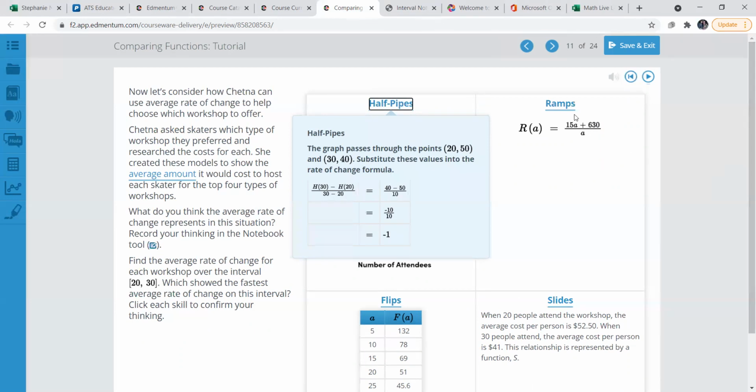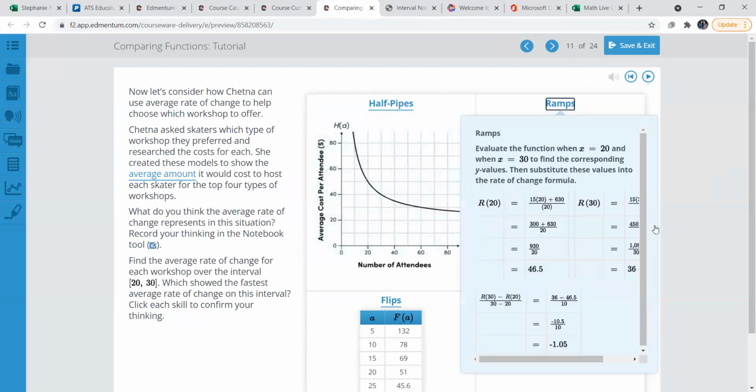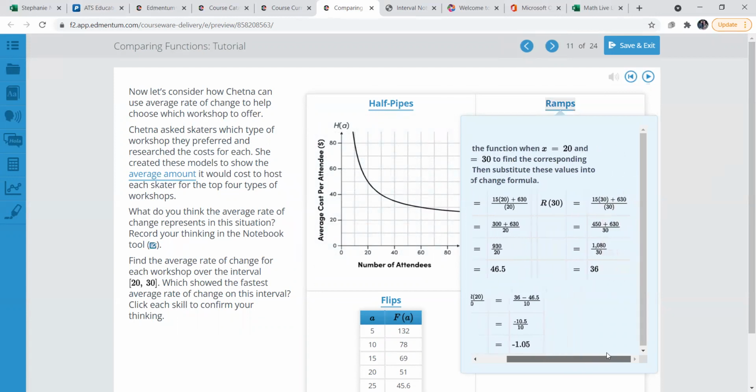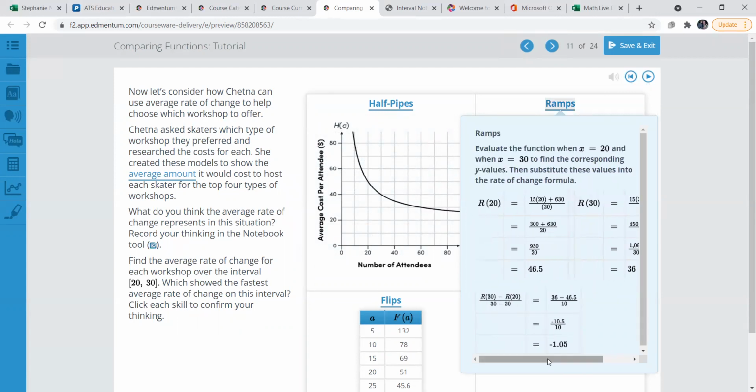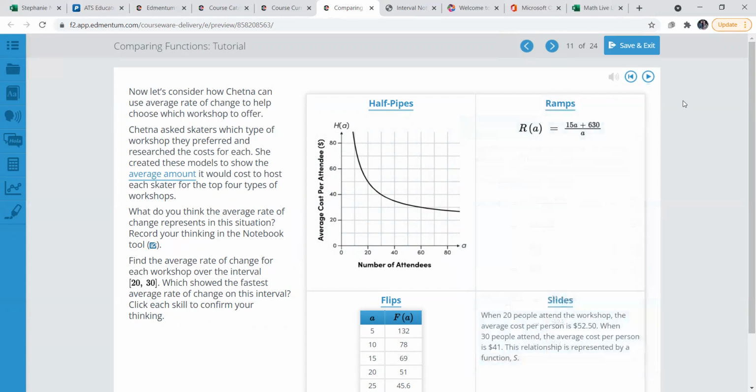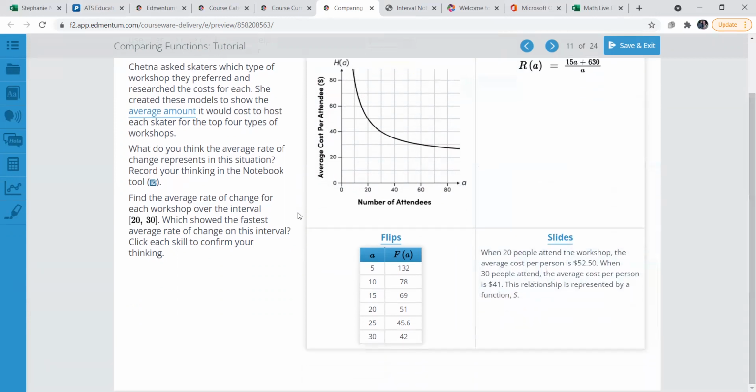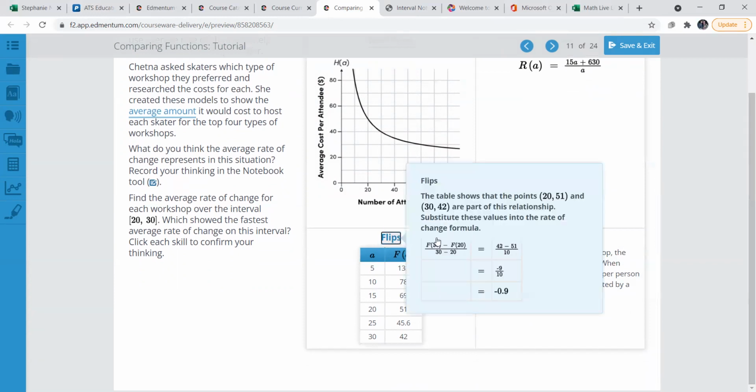Okay. Then we have ramps. And look at this. We have all this fun stuff here, this equation. Evaluate the function when x equals 20 and when x equals 30. Find the corresponding y values. Okay. Then flip. So here we have a table. The table shows that the points 20 and 51 and 30 and 42 are part of this relationship.